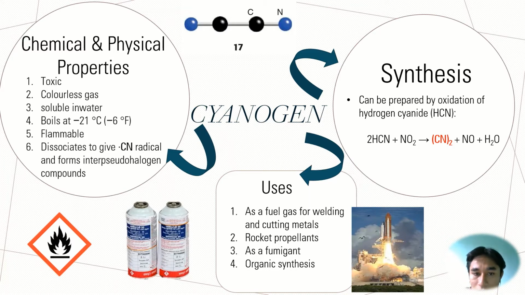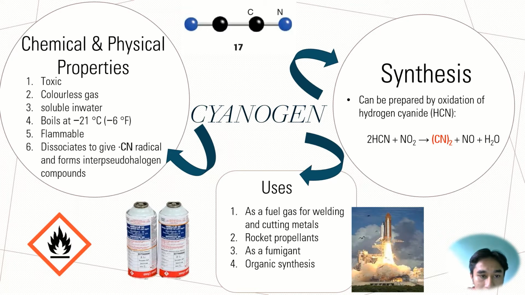And then we will go to the chemical and physical properties of cyanogen. Firstly, cyanogen is a very toxic gas. Secondly, it is a colorless gas. It is soluble in water.